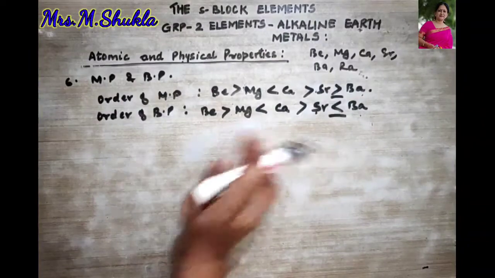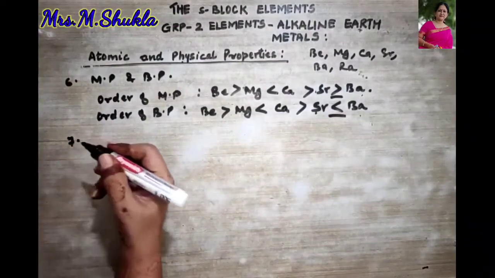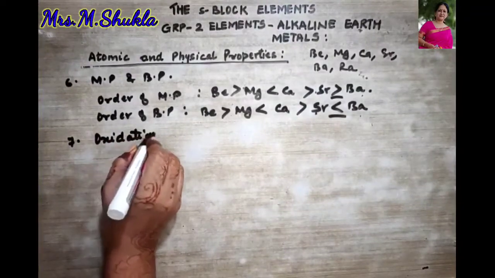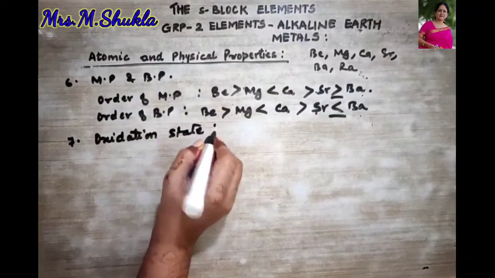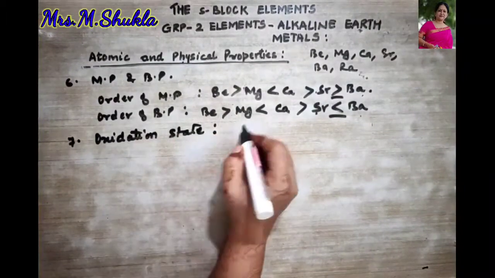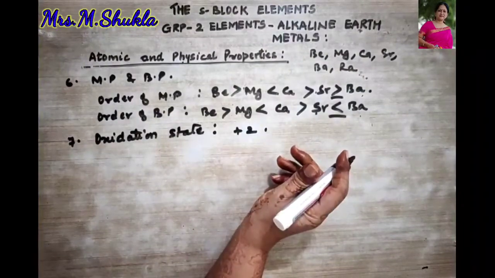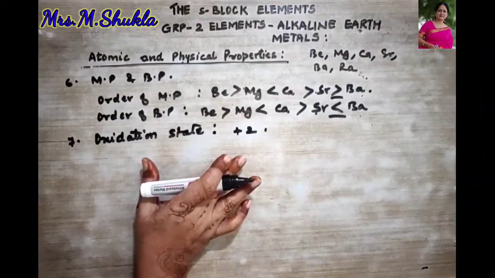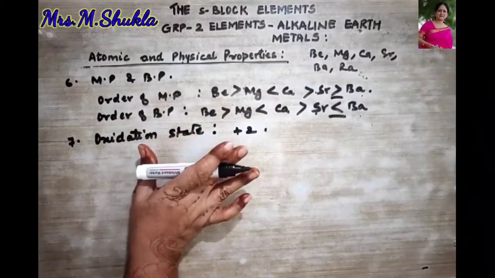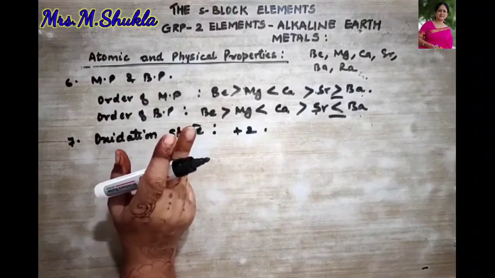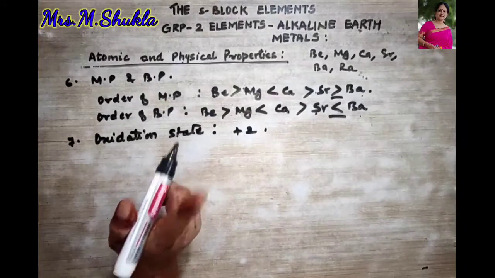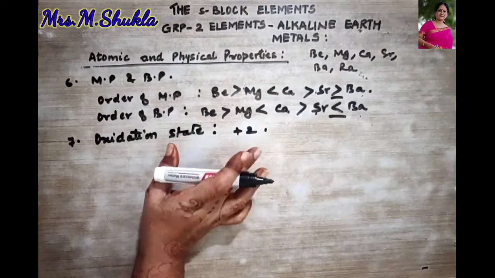Next we move to the oxidation state of alkaline earth metals. These alkaline earth metals show an oxidation state of +2 in their compounds, right? They have the tendency to get oxidized in aqueous solutions, but this tendency increases from beryllium to barium, and this is reflected in their oxidation potential.